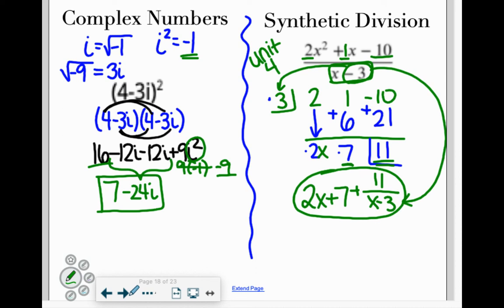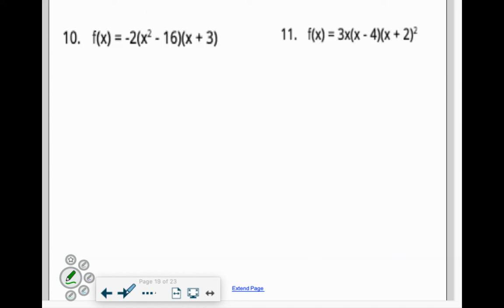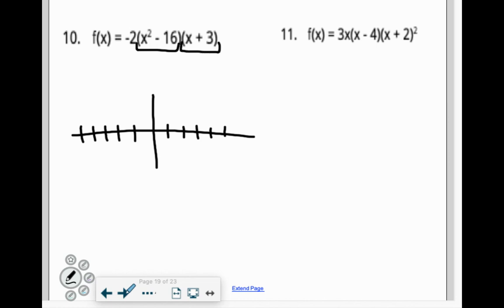Now let's talk about the graphs of a polynomial. It's going to look like this. I'll go 1, 2, 3, 4, 5, 1, 2, 3, 4, 5. We need to find the zeros. That's going to be coming from here and here.